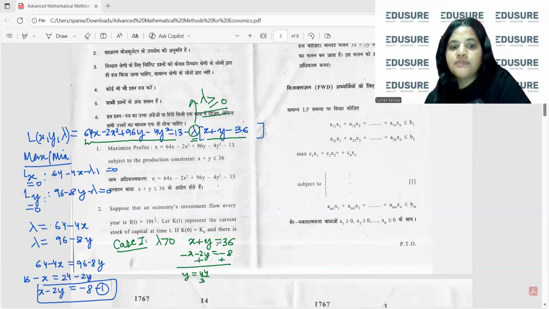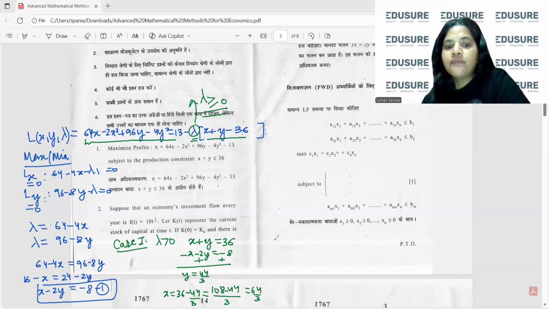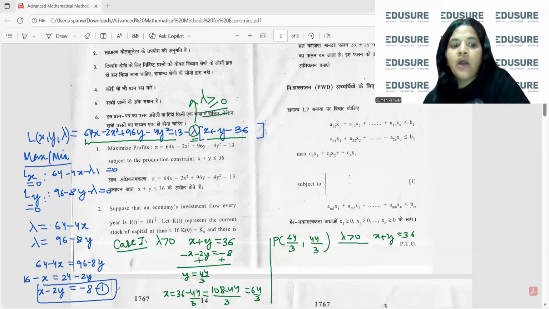So from here, x plus y is 36, so x is equal to 36 minus 44 upon 3, so 108 minus 44 upon 3, 64 upon 3. So the possible point where I can have my maxima is 64 upon 3 and 44 upon 3, and this happens when lambda is positive, that is x plus y is equal to 36. Now let us see what I get for my lambda.